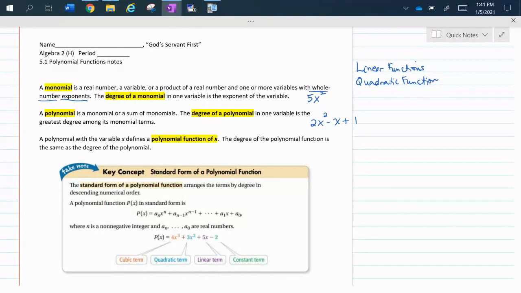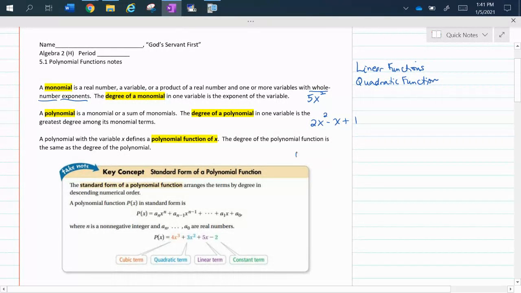So whatever the highest exponent is will be the degree of our polynomial. A polynomial with the variable x defines a polynomial function of x. So we can look at a polynomial function, which would be y equals a big polynomial, and the degree of the polynomial function is the same as the degree of the polynomial.